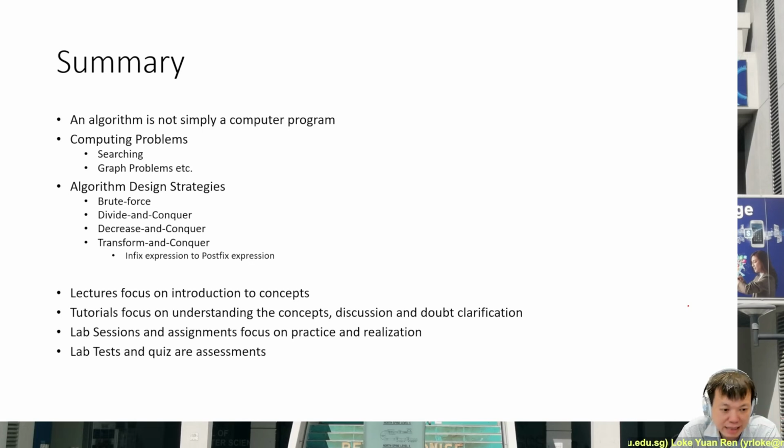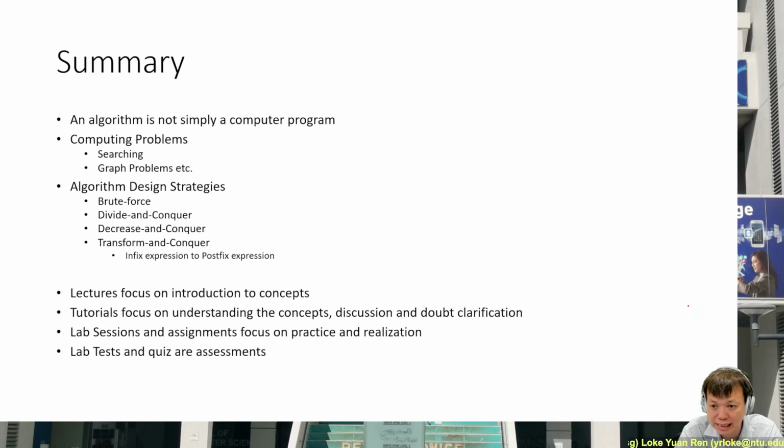In the next level, you will learn sorting and string processing in 2101. And computer graphics courses may teach you the computational geometric problem. And when you go to the higher level to specialize in a certain area, we will cover those problems. But in this module, we focus on searching and graph as an example.